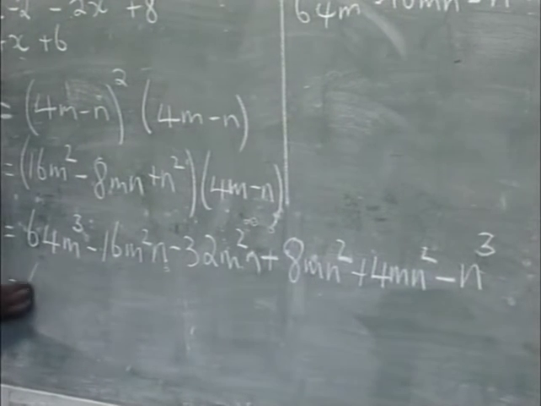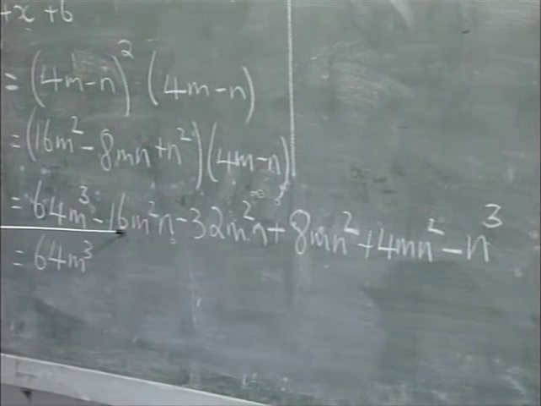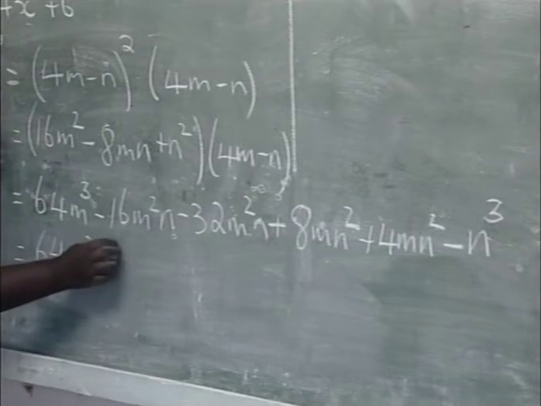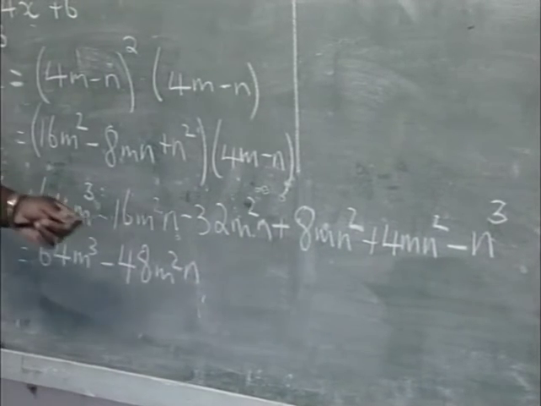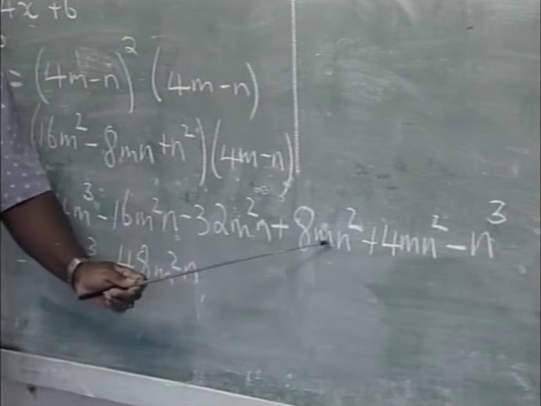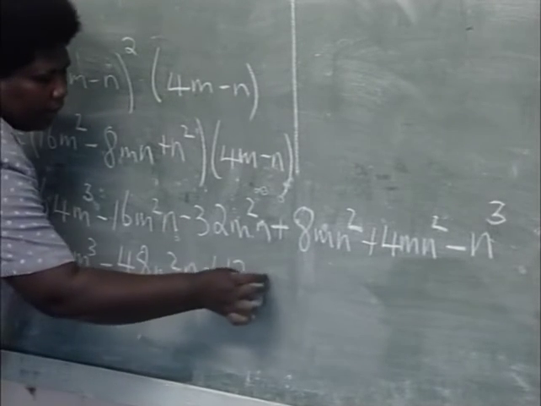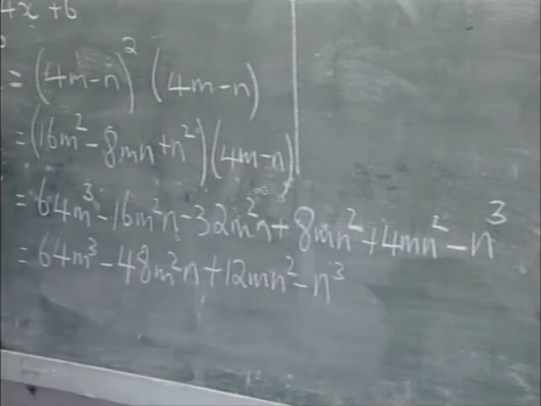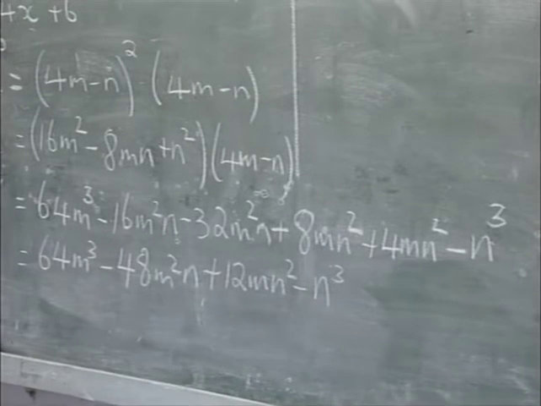So here goes: 64m cubed minus 16m squared n minus 32m squared n gives me negative 48m squared n. 8mn squared plus 4mn squared is 12mn squared, and then minus n cubed. So Pondrele's answer is the correct answer.